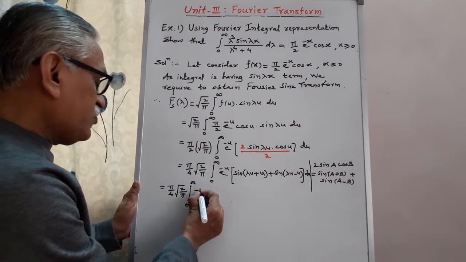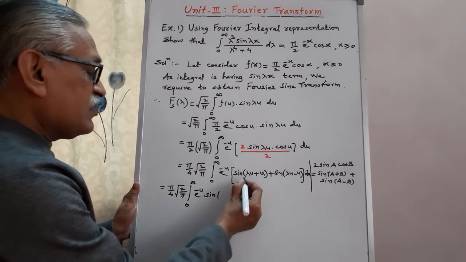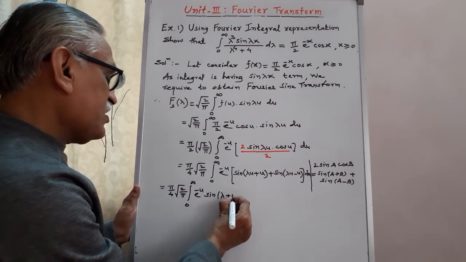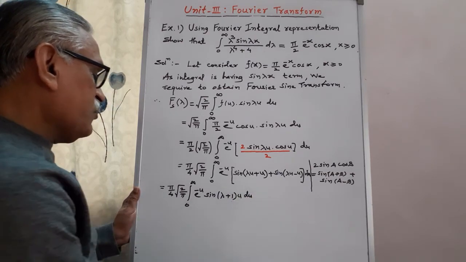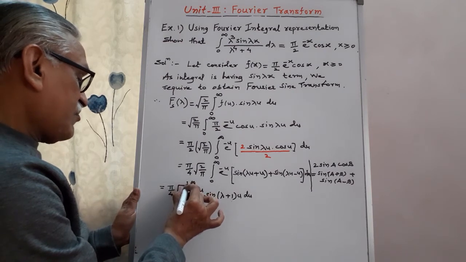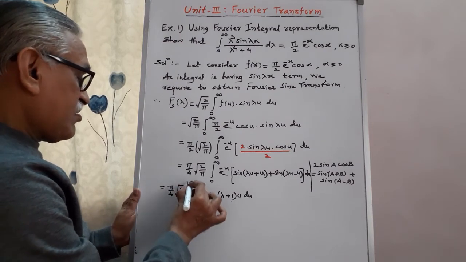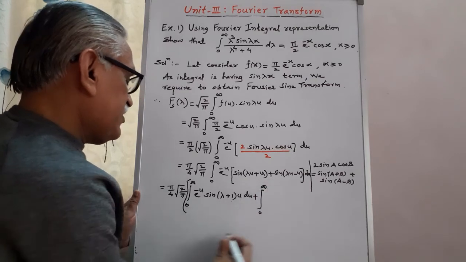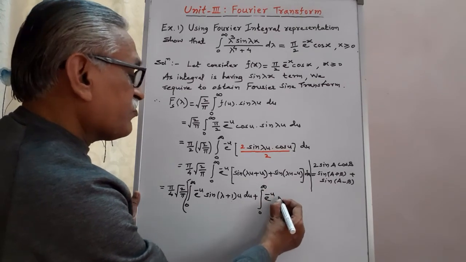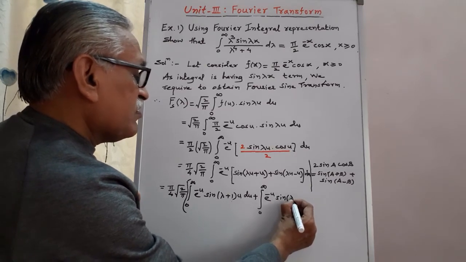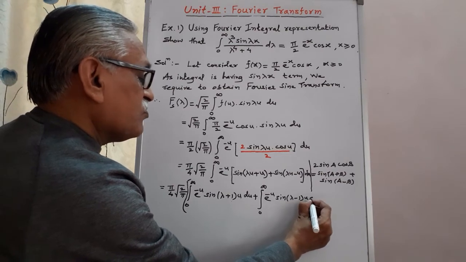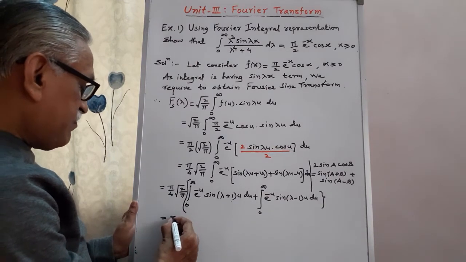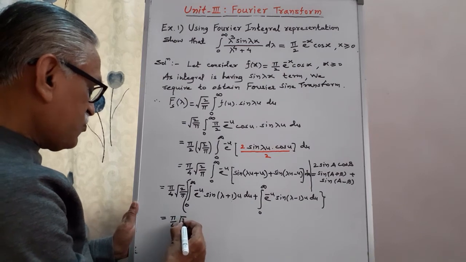The first term is e raised to minus u sine of, from this term, taking u as common, the remaining is lambda plus 1 into u du, plus the second integral as e raised to minus u sine of lambda minus 1 times u, and therefore it is equal to pi by 4 root of 2 by pi.